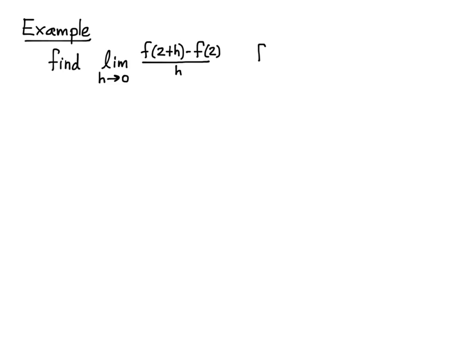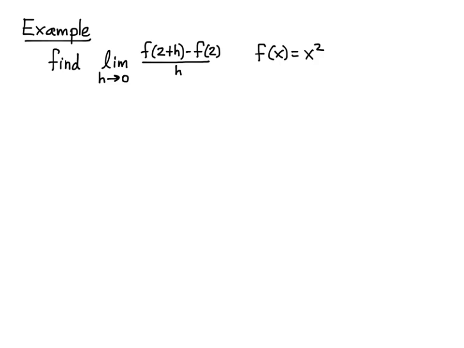Okay, so let's look at one of these now. My function is going to be x squared, and as h goes to 0, what does this difference ratio equal? Remember, we define this as the rate of change of our function at this value, at 2. So if I make my graph, you all know what a parabola looks like.